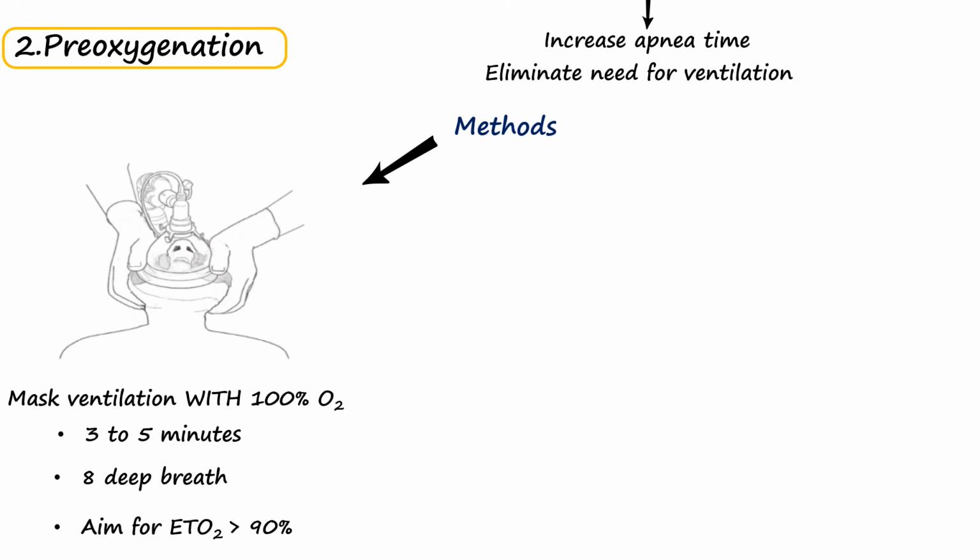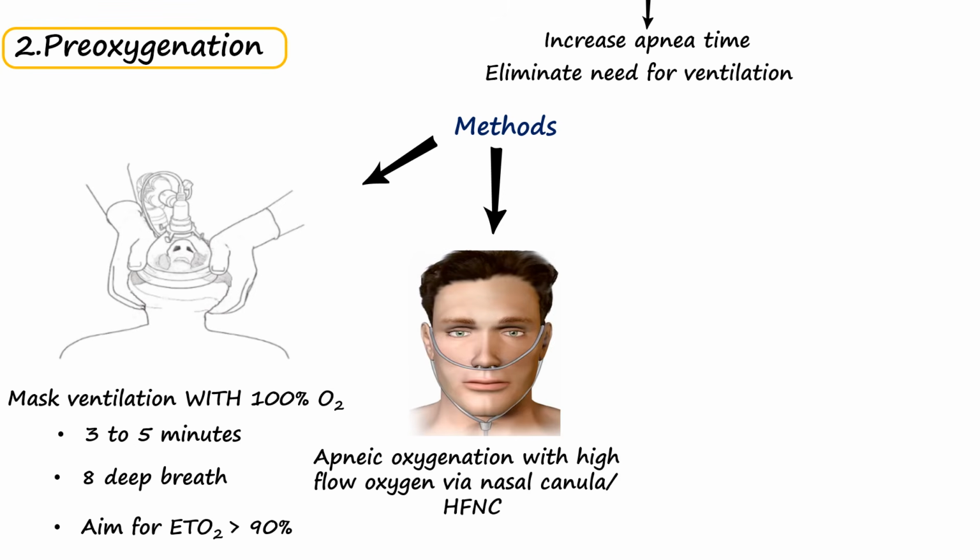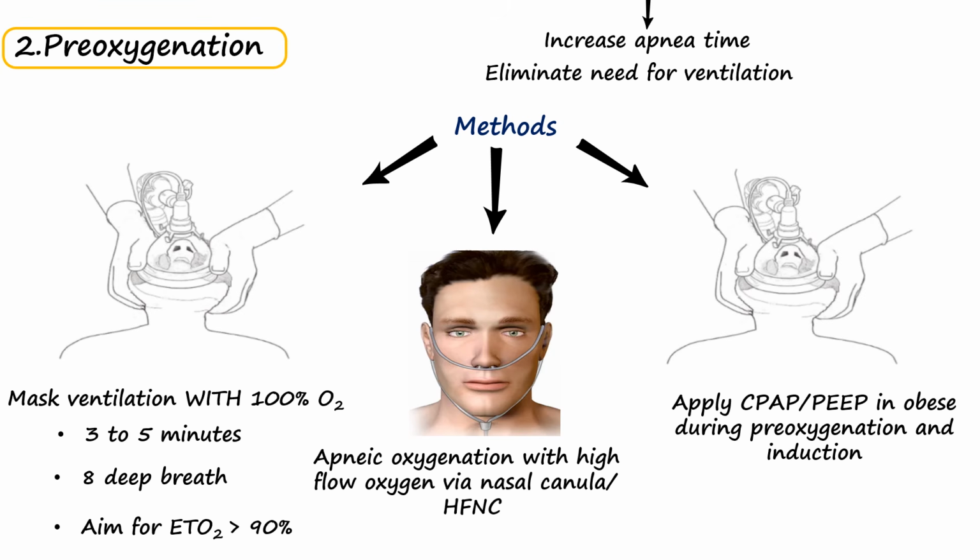The preoxygenation is expected to maintain an oxygen saturation of at least 90% up to 8 minutes of apnea time. During laryngoscopy, apneic oxygen can also be provided by delivering oxygen via nasal cannula at a flow rate of 10 liters per minute. In morbidly obese patients, continuous positive airway pressure or CPAP or PEEP may be used to improve oxygenation during this phase.